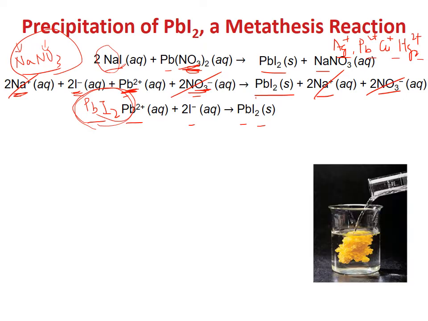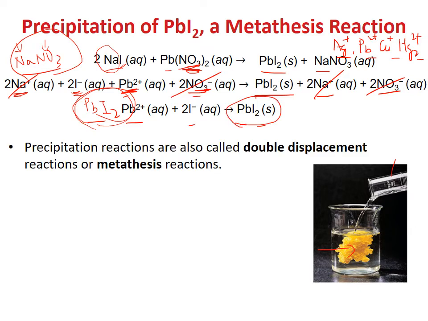And here is a diagram that shows when lead nitrate is poured into sodium iodide, you see yellow precipitate coming out of the solution, and that's the lead iodide precipitate. Now, precipitation reactions are also called double displacement reactions or metathesis reactions.